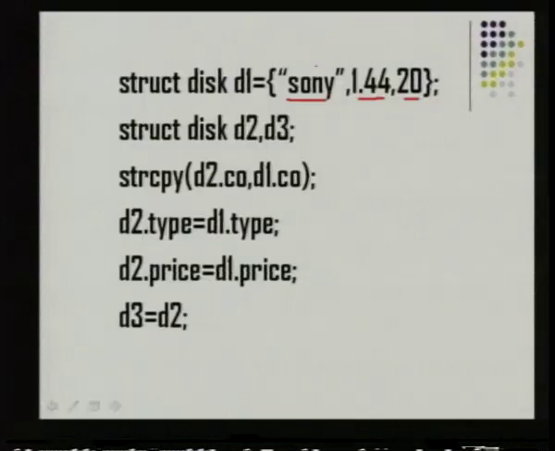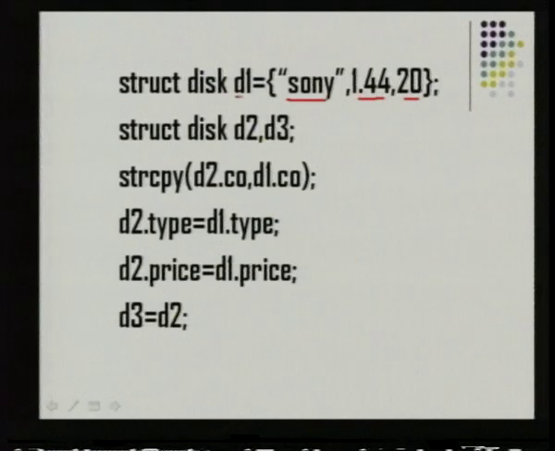In the earlier example, I had given one string, integer and float. In this example, there is one string, float and integer. That is why when I am initializing the values also, I am giving it in that order: string, float and integer. So, initializing it this way, we should be careful that the values are initialized in the same order in which they are declared in the structure.